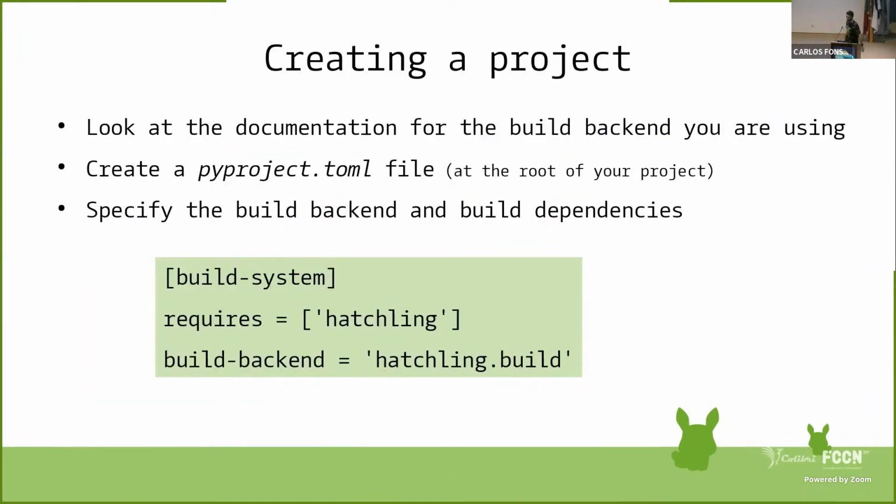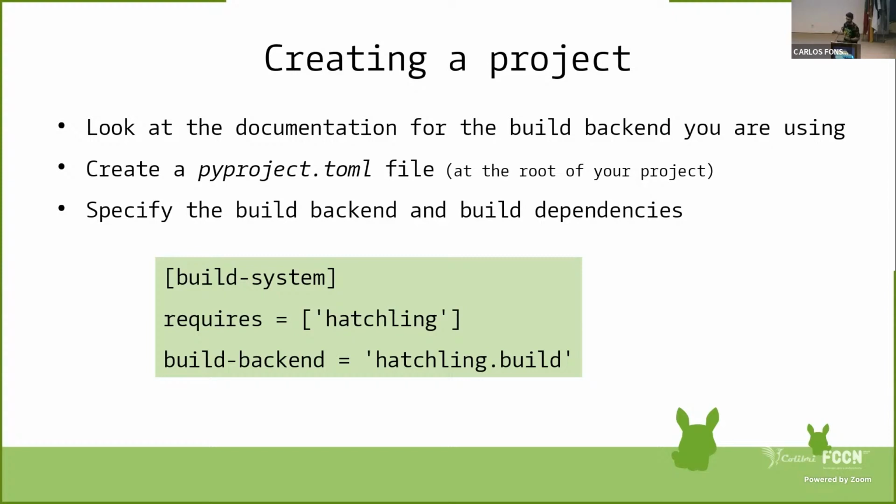Now, for actually creating a project, the first thing you want to do is look at the documentation for the build backend that you choose, and they will generally have some decent documentation about how to get started and how to create a new package.